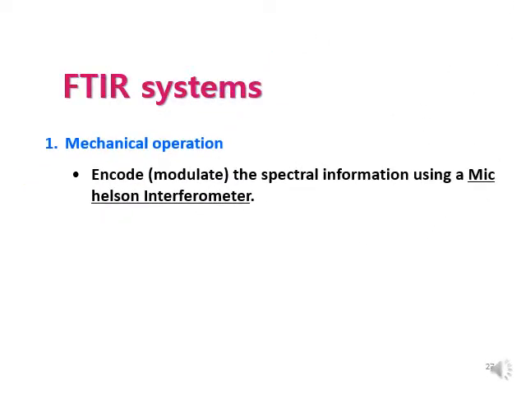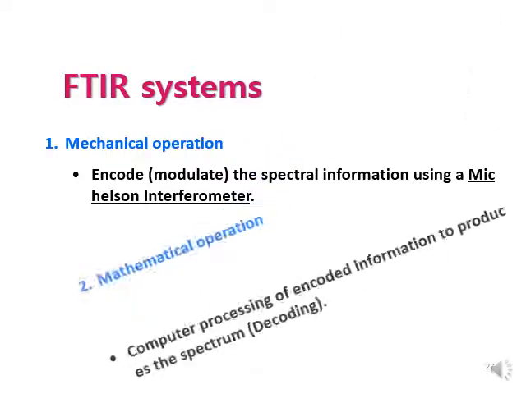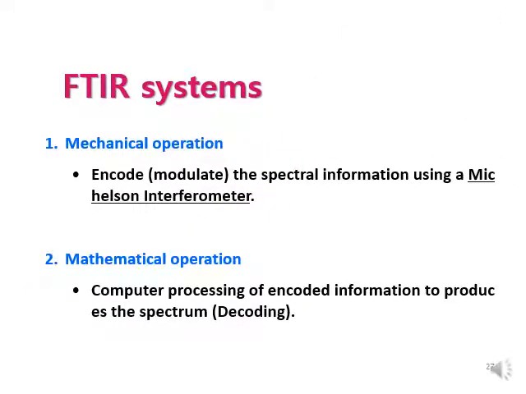In FTIR systems, there is a mechanical operation, which is to modulate the spectral information using a Michelson interferometer. The other one is a mathematical operation, which is computer processing, to decode the information to produce the spectrum.